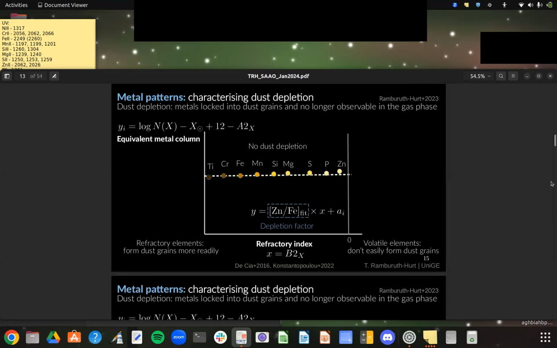And then we can plot for each metal, and if we have no dust depletion, then the metals line up horizontally more or less, and we can fit a straight line, and the slope is the depletion factor. So in this case, we'd have a depletion factor of 0, which means we have no dust depletion.